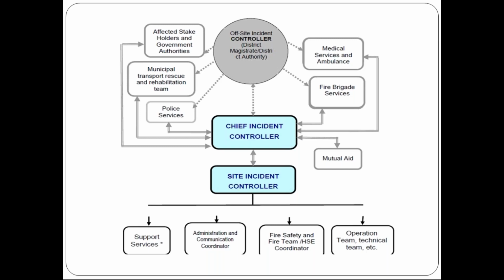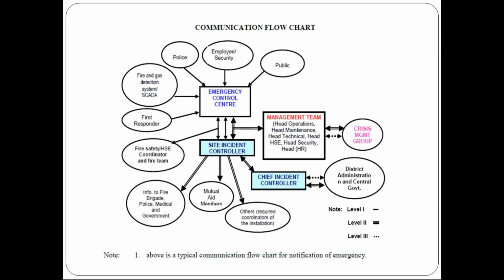This is the communication flow in the event of an emergency. When there is a level 1 emergency, the emergency control center is the one that will receive information about the emergency from various sources, either first responders, or technology like fire and gas detection systems, or the police, employees, security, and the public.